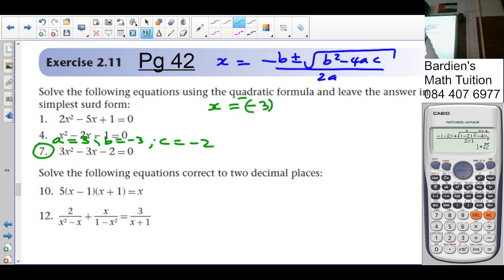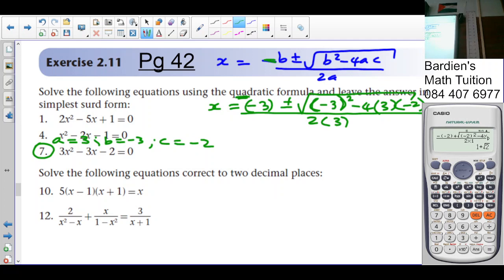Not so, that negative is this negative. Plus minus the square root of negative 3 squared. A common error is when learners leave this negative out, or they don't put that in a bracket. One of the two, no? Minus 4, your a value is 3, and your c value is negative 2, over 2 times 3.